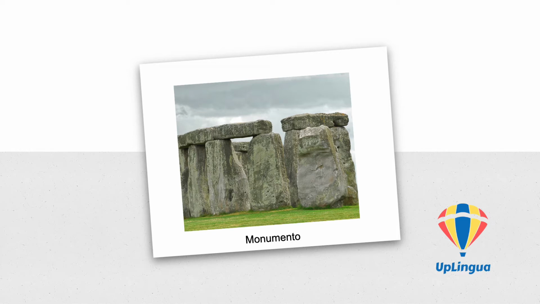Monumento. If you break that word down, mo is very similar to mow, like mowing your lawn. The N-U is pronounced exactly like the word new in English, as in I bought a new pair of shoes. Men is pronounced exactly as you would in English as well. And then finally, the T-O, instead of to, becomes to. Monumento. Repeat after me one time.